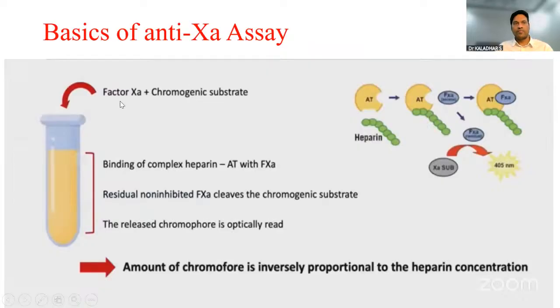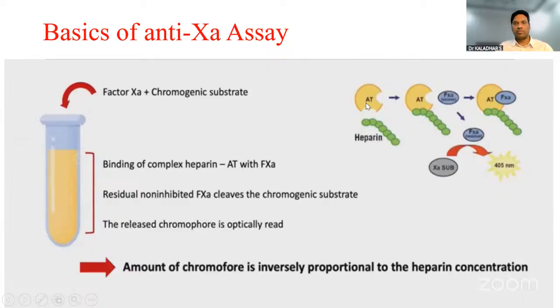So the basics are that factor 10A plus a chromogenic substrate is added to the solution where antithrombin with factor 10A will be binding to heparin. Then residual uninhibited factor 10A cleaves the chromogenic substrate.